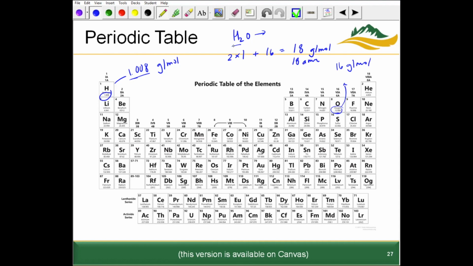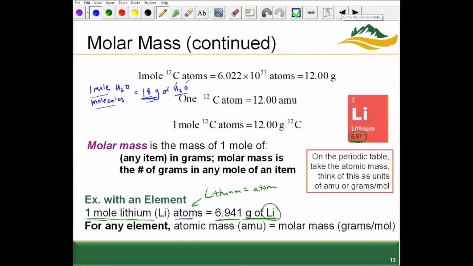So we can apply this to single atoms as well as molecules or compounds composed of more than 1 type of atom. We'll do a lot more practice on this as well. Okay, so that's how we got that 1 mole of water molecules weighs 18 grams. Oxygen weighs 16, each hydrogen weighs about 1, hence 18 grams total for 1 mole of water.